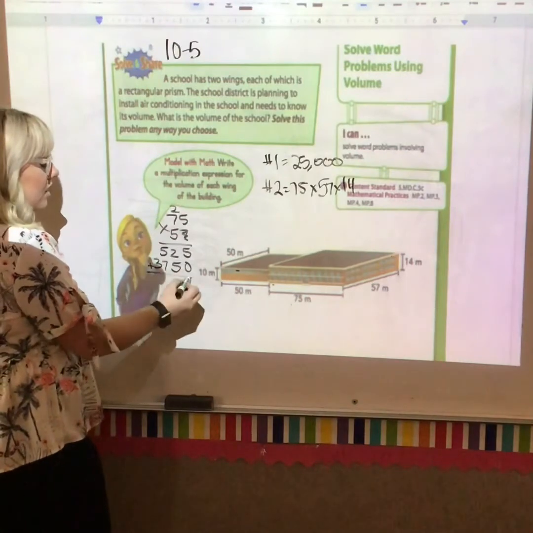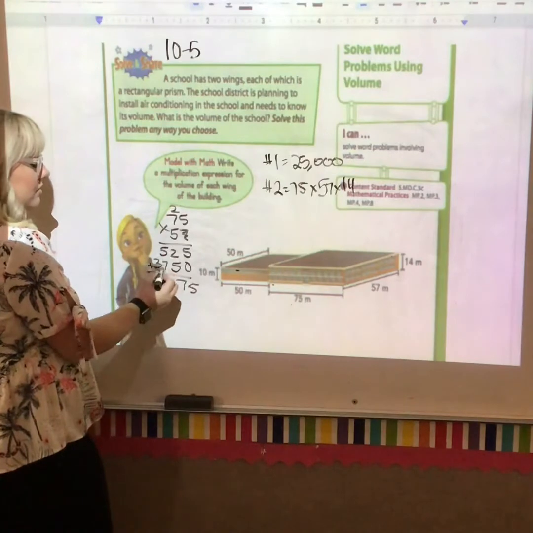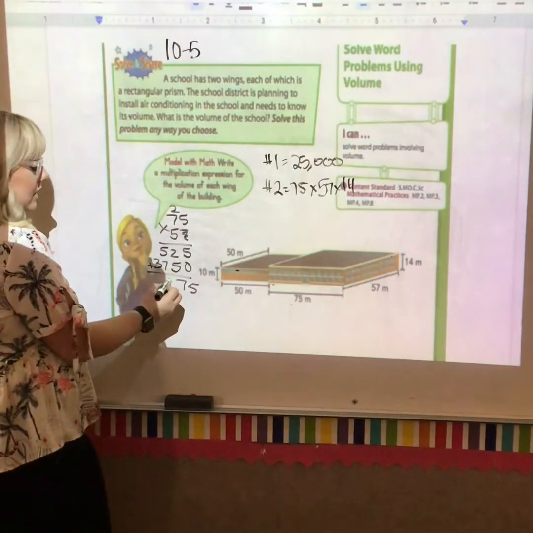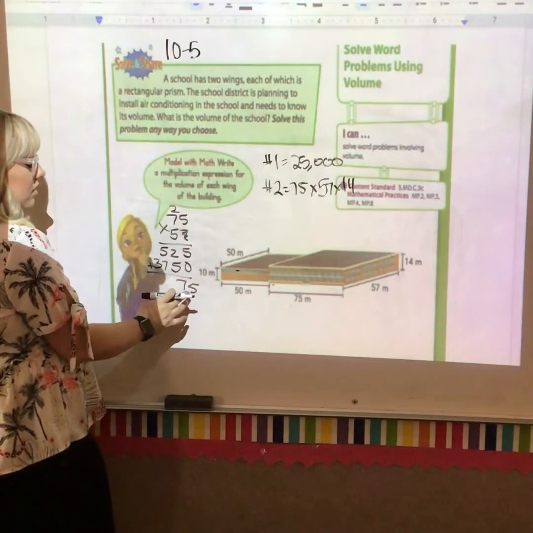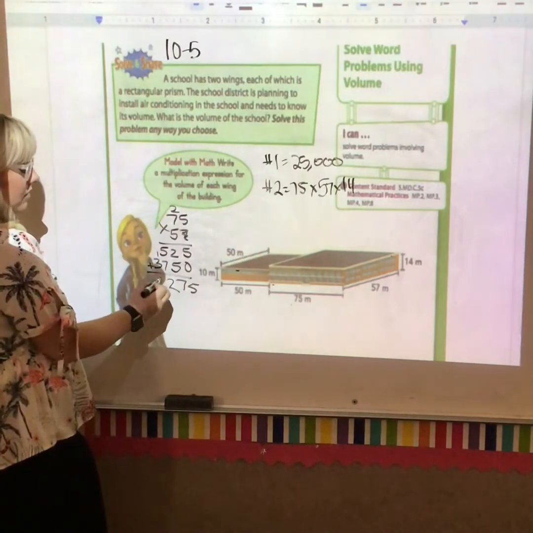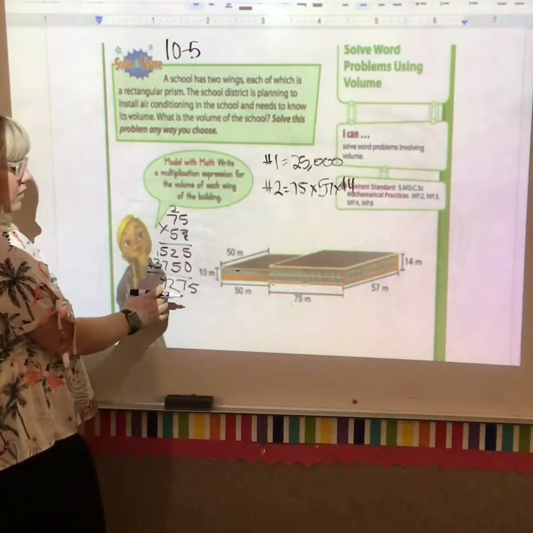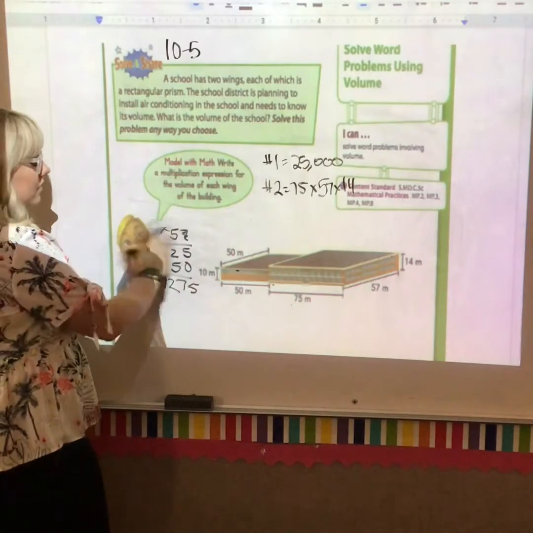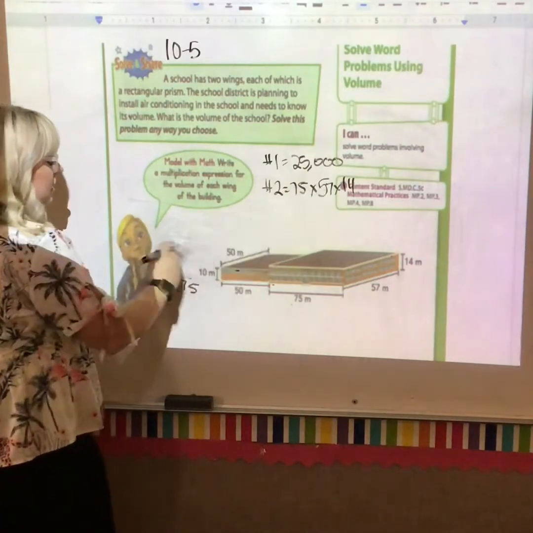Now add. 5 plus 0 is 5. 5 plus 2 is 7. 7 plus 5 is 12, sorry, and carry the 1. 3 plus 1 is 4. So the first portion of that is 4,275.